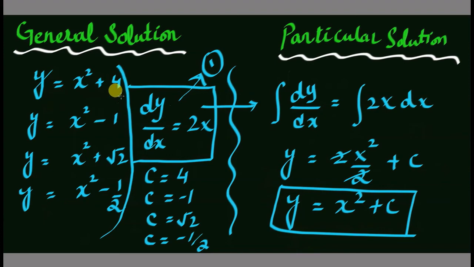Why is this called a particular solution? Because these solutions do not contain any arbitrary parameter. So that's why these four are solutions for this differential equation, and they are called particular solutions because they do not contain any arbitrary parameters. And similarly y is equal to x square plus c will be the general solution for this differential equation.